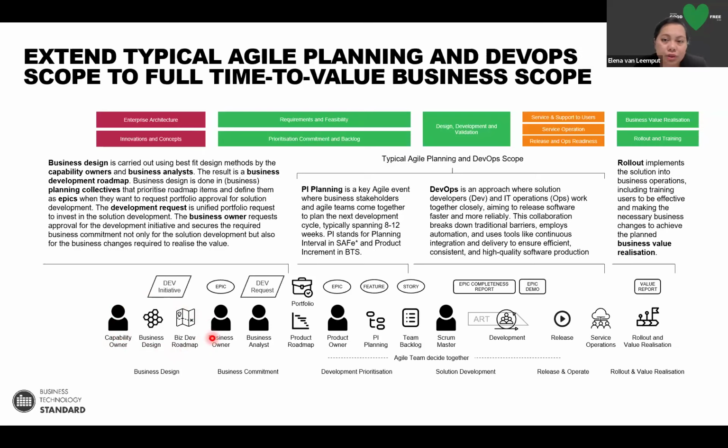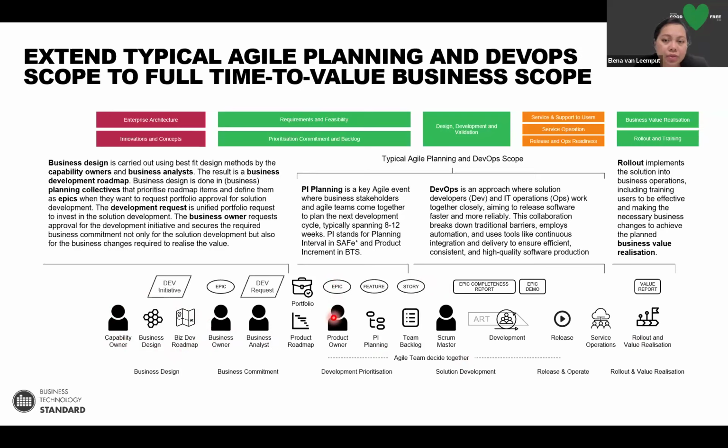For example, those could be enterprise architects, security, service owners, data owners, and so on. They are accountable for the design part, which leads to the creation of the business development roadmap. And from this roadmap, the development needs are identified, forming epics here. And that's how it goes through the flow.